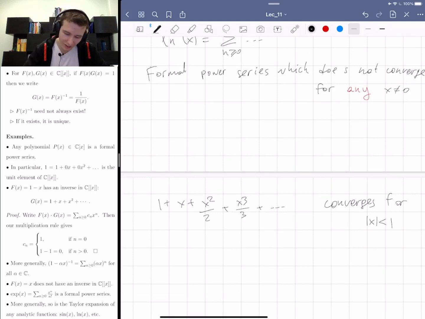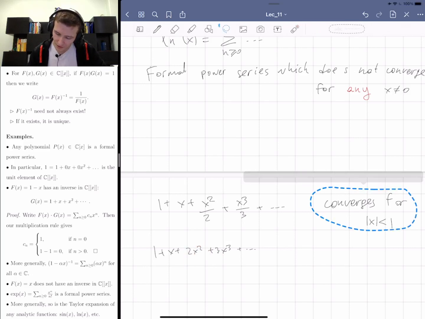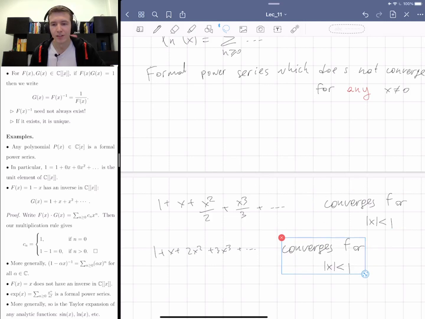Okay, let me try that one. I think this one also converges, right? You have a polynomial function times a geometric series. Yeah, that should converge for absolute value of x less than 1.